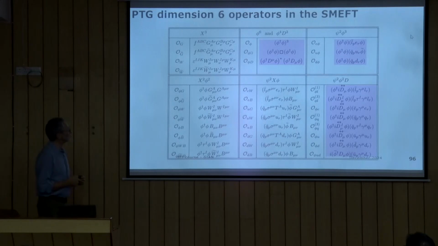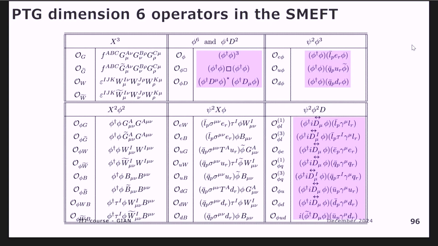All right, so here's half of the list of operators that I showed you earlier, and I've highlighted those that are potentially tree-generated. All the other ones you see here, triple vector bosons, 2 vector bosons, 2 scalars, and those that have 2 fermions and a W and a scalar with a magnetic coupling, all have very cool experimental signatures and would be observable if the coefficient weren't suppressed by this 1/16 pi squared.